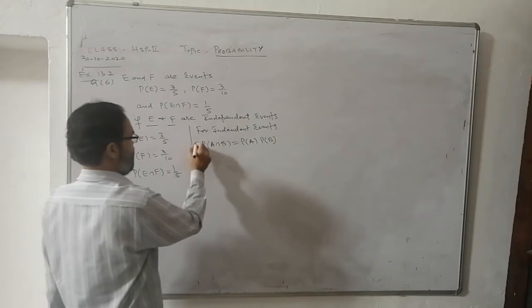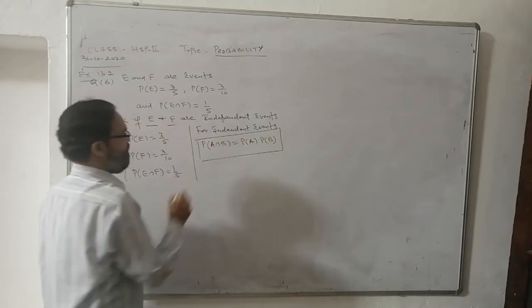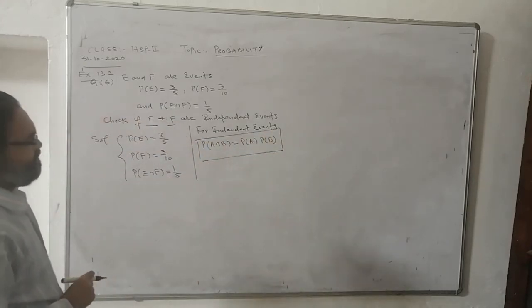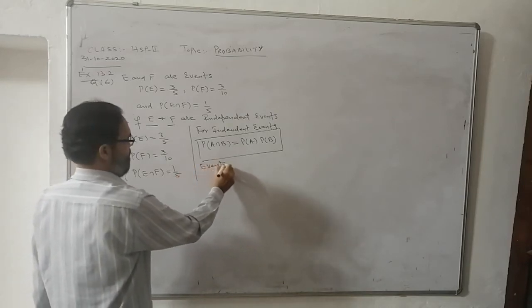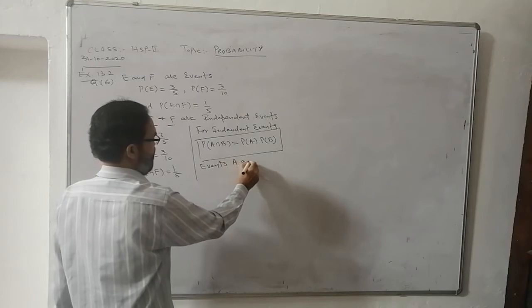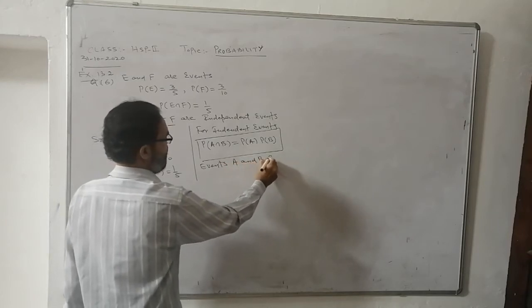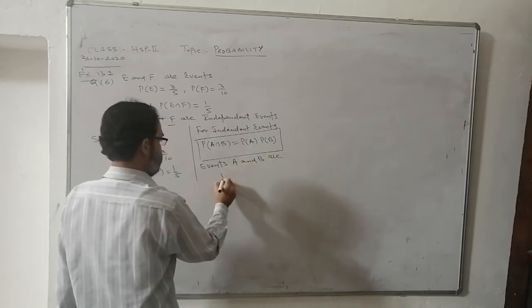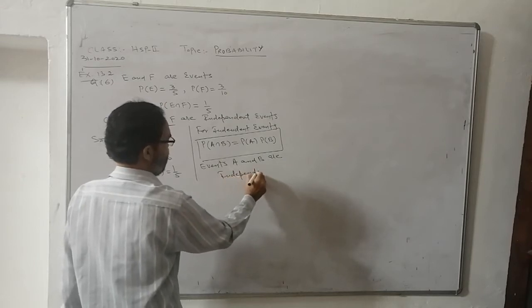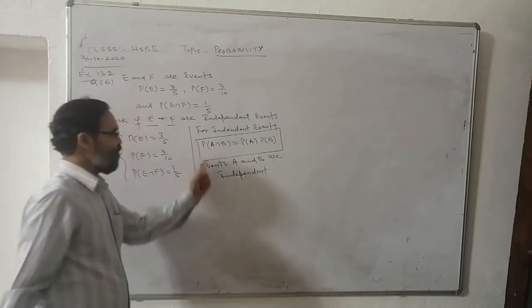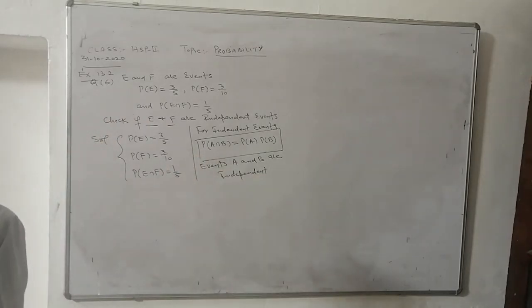If this condition is applicable, we say events A and B are independent. If this condition does not hold, that means the events will not be independent.